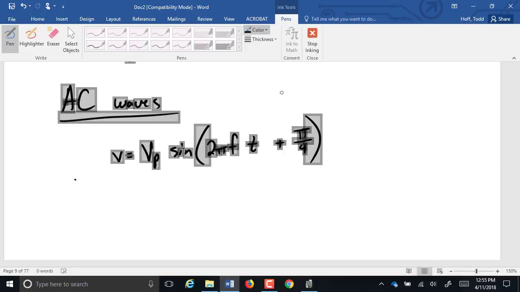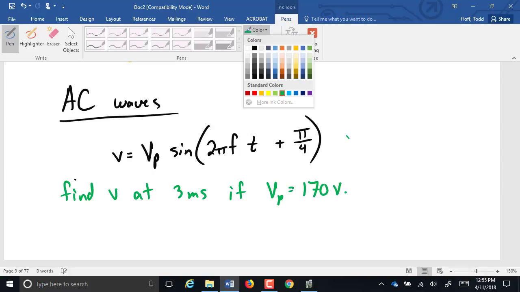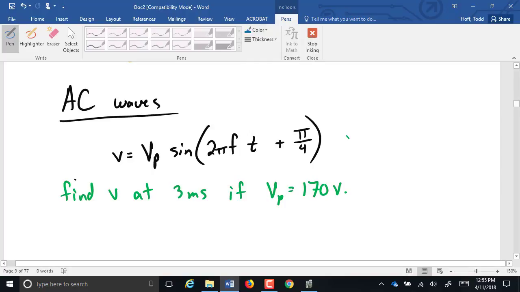If I ask you to find the voltage at 3 milliseconds if the peak voltage is 170. So what goes in for VP? 170 times sine of, what goes in for F?